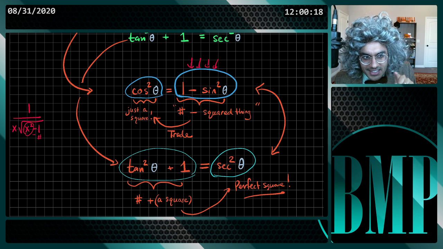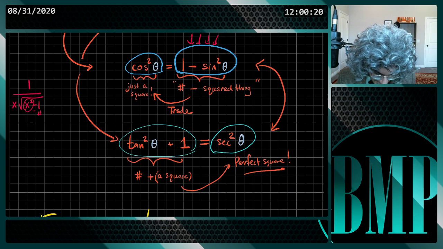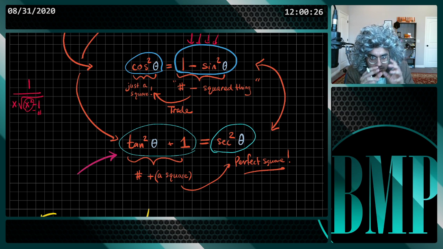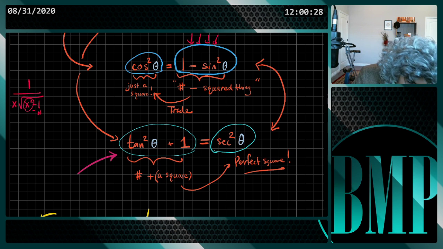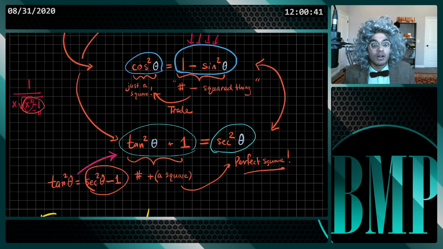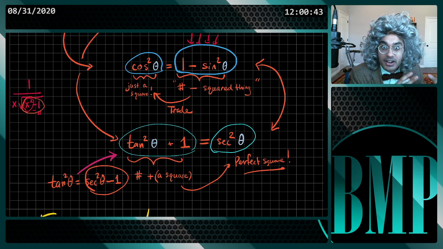So in this case, it's better to use this one by putting it off to the other side. If you put this onto the other side, you'll get a square minus a number, and it's trading off with a perfect square.